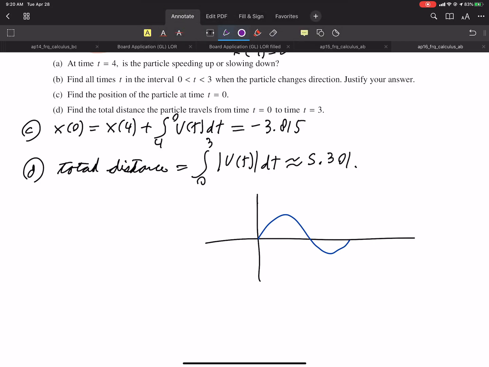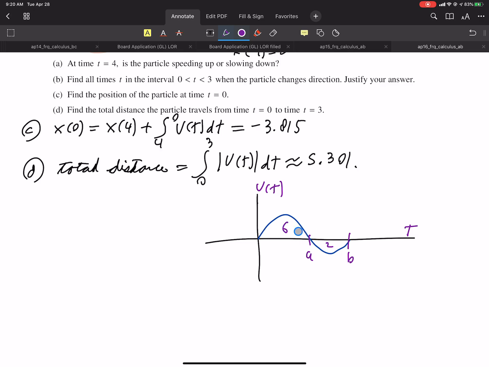Suppose this area was 6 and this area was 2. And suppose this is A and this is B. Well, if I integrate from A to B, the net area would be 4. So if I integrate this velocity, we're supposing this is velocity, I would get an integral of 4.